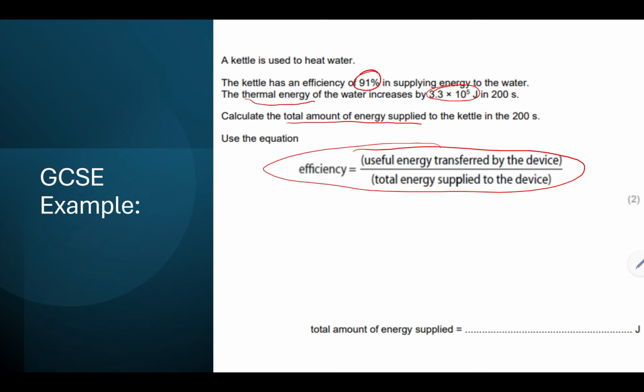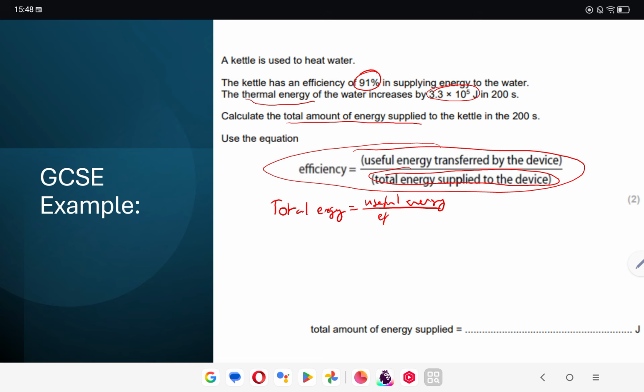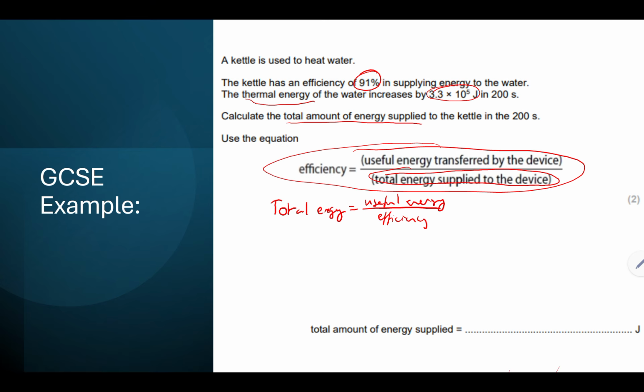So all you need to do is rearrange the formula so you can have the total energy supplied to the device as the subject. So when we do that, we should get the total energy equals useful energy over efficiency.